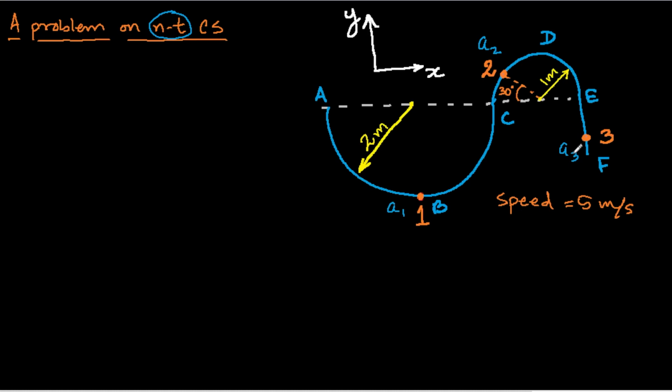Because this is a very straightforward question which should call for the intrinsic coordinate system, let's start with writing the expression for the acceleration. So how do we write that? This is the expression, right?